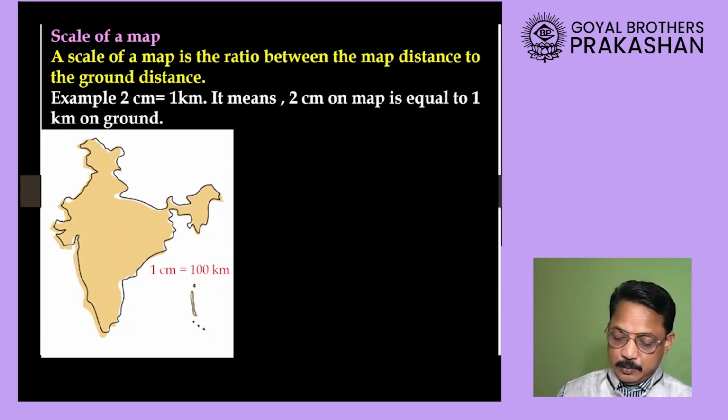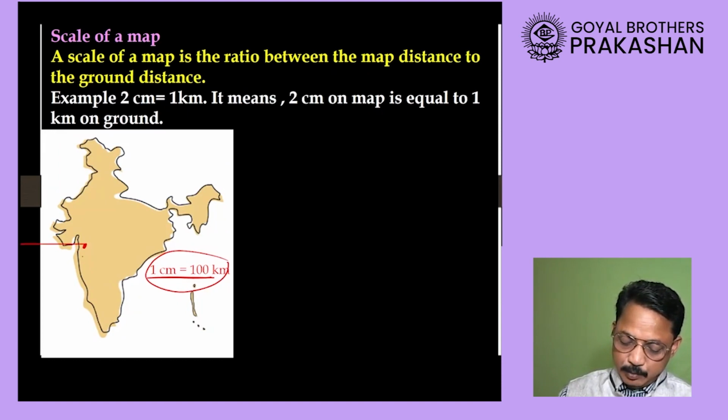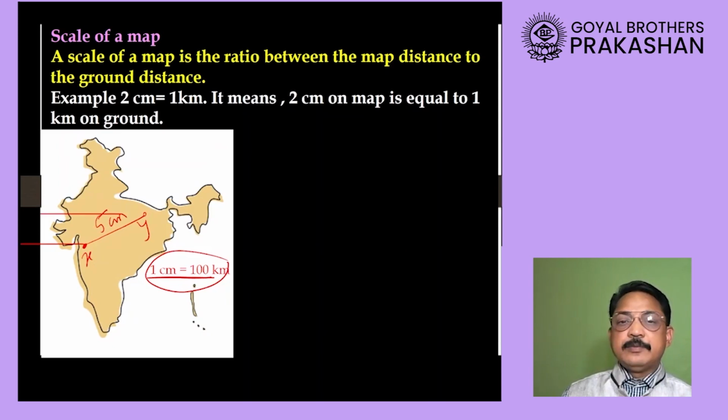As I just now told you, if here it is written 1 centimeter is equal to 100 kilometer, and if I have two places, X and Y, and the distance between X and Y is 5 centimeter, how much will be the distance on ground?